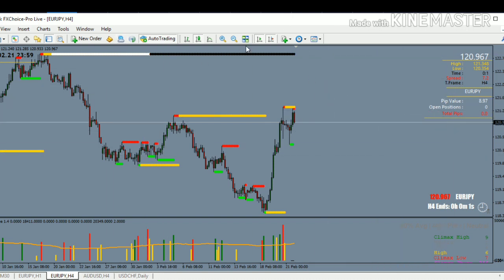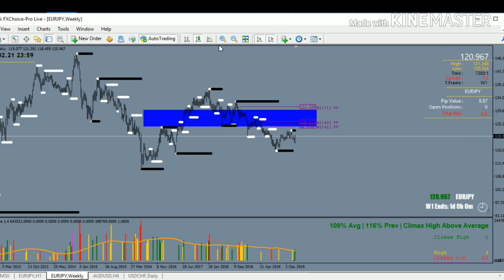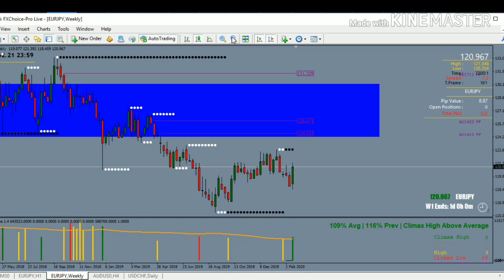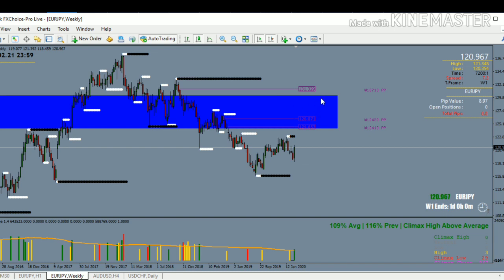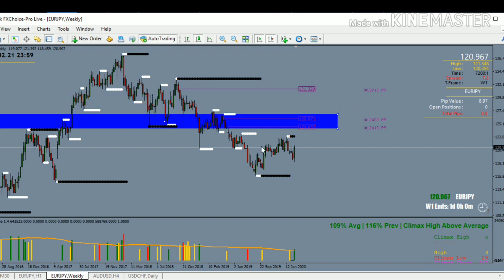So what we're going to do is back out. I already have one zone drawn out. I'm going to draw another zone, and then we're going to get started with what we're doing this week, or what I feel we're doing this week.